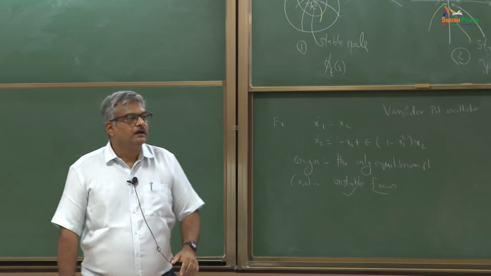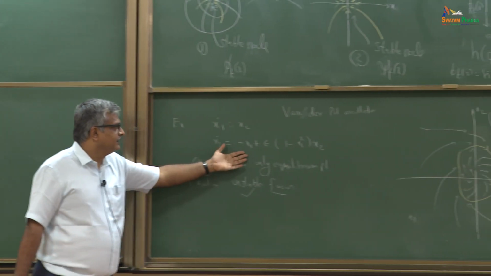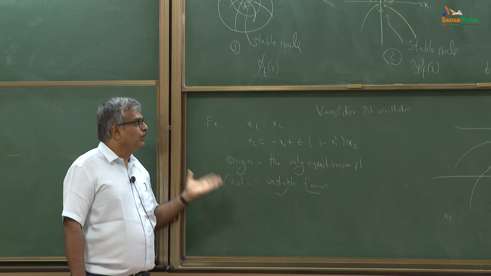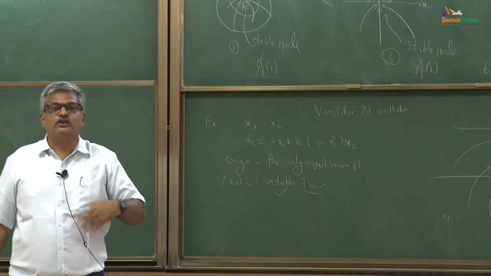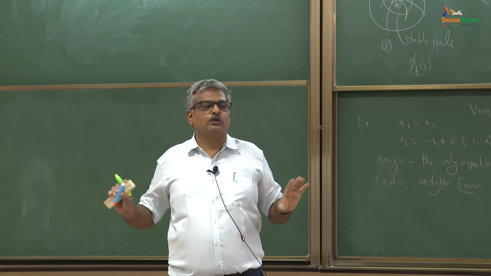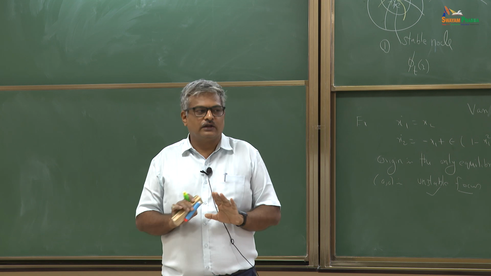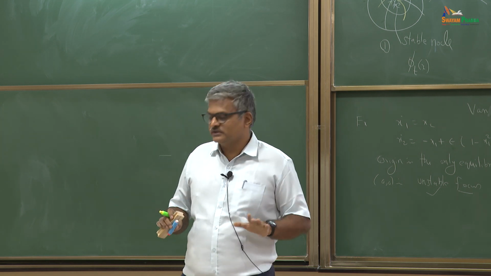Okay. Now the question is, given this nonlinear equation, how do I infer existence or non-existence of periodic solutions? There are no results for the existence or non-existence of a limit cycle. There are only results for the existence and non-existence of periodic solutions.